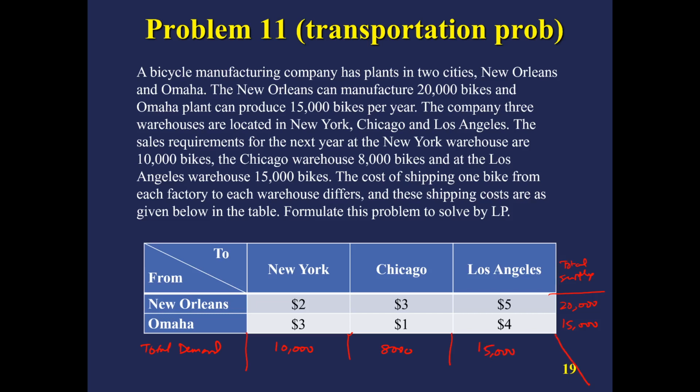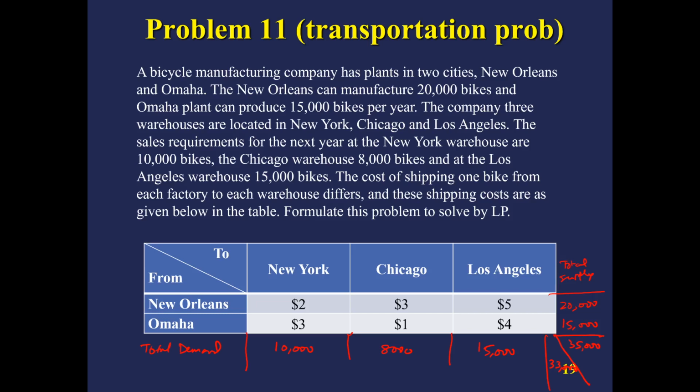Now if you add the supply, this comes out to be 35,000, and the demand comes out to be 10,000 plus 8,000 plus 15,000, which is 33,000. So the supply is more than the demand.